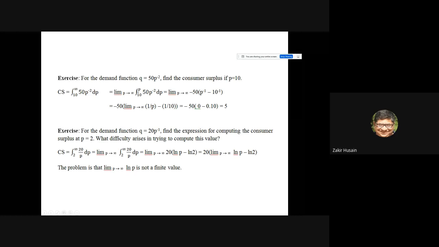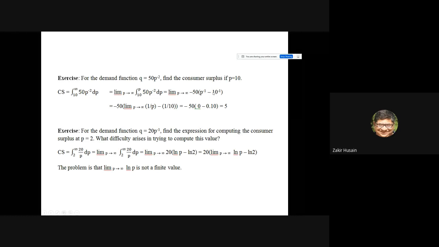Okay, so let's forget about this limit part. We simply integrate 50 times P to the power of minus 2. So the 50 will come out and this will be P to the minus 1, and this is for price equal to 10.